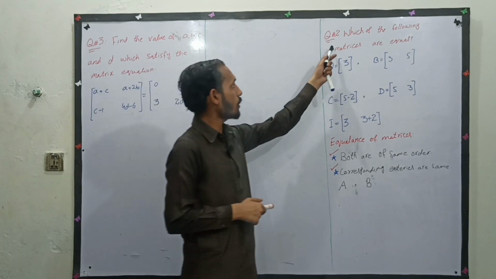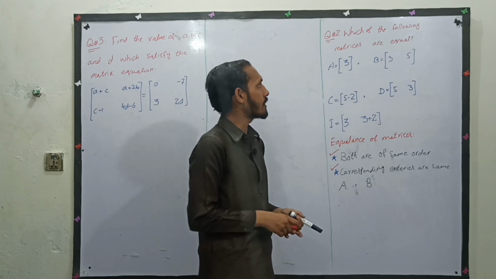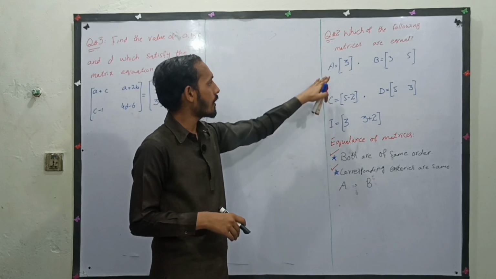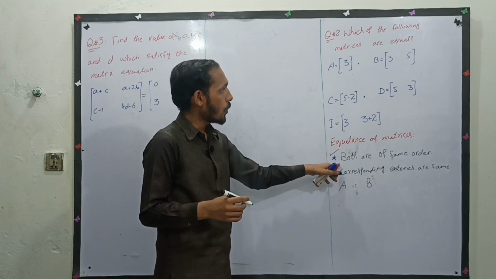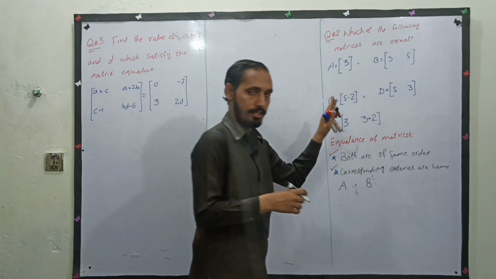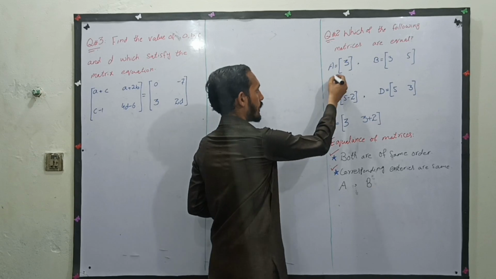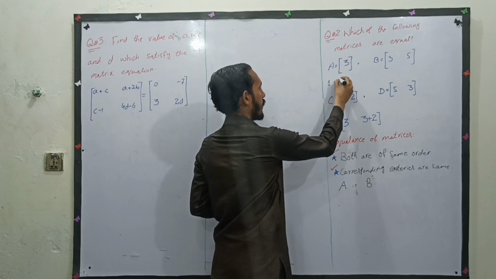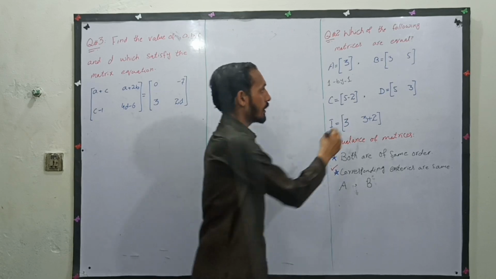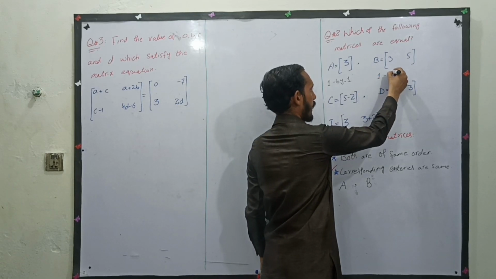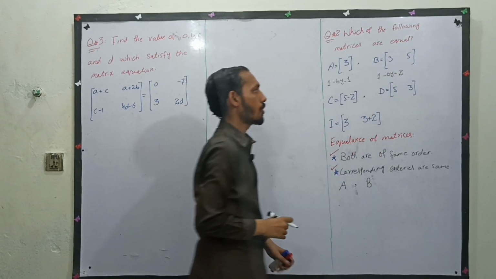Now look at this question, question number 2, which of the following matrices are equal? Just like we have a matrix A. For the first condition, we check the order of all these given matrices. The order of A is 1 by 1. The order of B is 1 by 2.